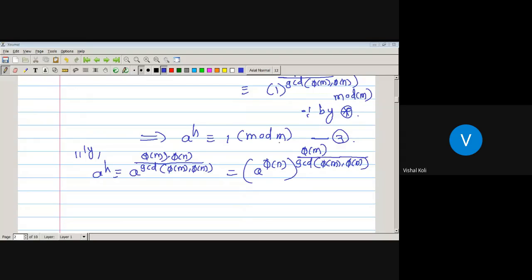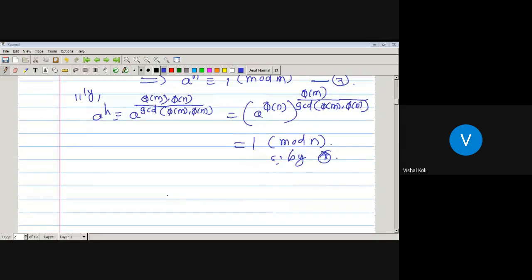Again we know from equation star that a to the power phi of n is congruent to 1 modulo n, which is again by star. So a to the power h is congruent to 1 modulo n. Take this one as equation 4.